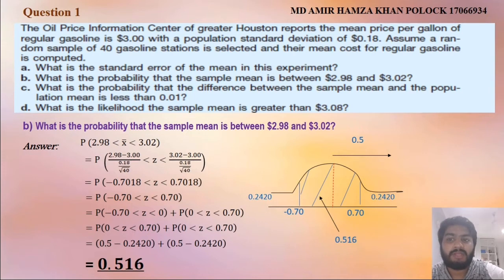And after putting the value of Z in the table, we find that 0.5 minus 0.2420 plus 0.5 minus 0.2420. We will find the 0.516. And now moving to my third slide, that is question number C.